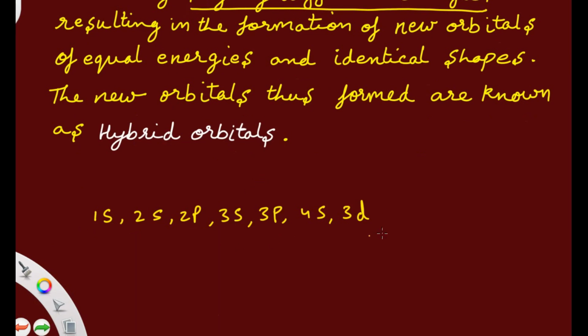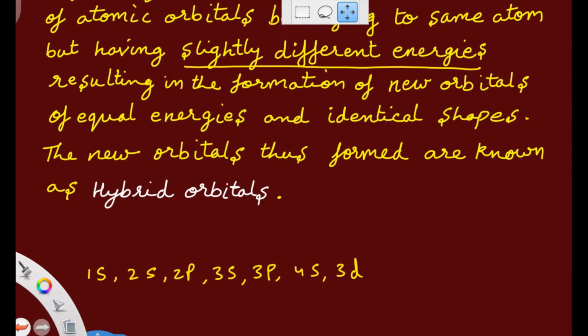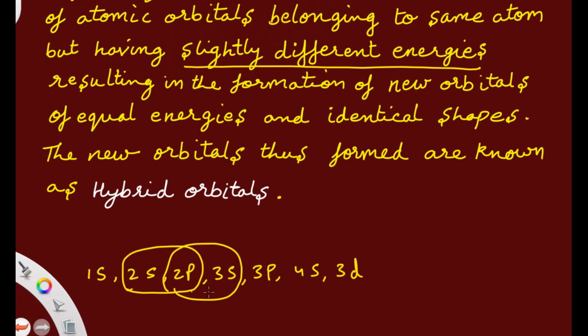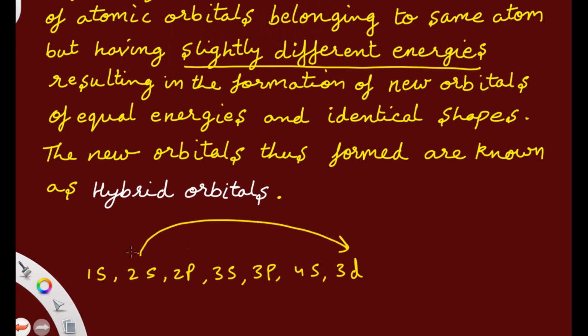Now, slightly different energy means that the intermixing can only take place between those orbitals that have slightly different energies, like 2s 2p, 2p 3s, 3s 3p. But hybridization will not take place between orbitals having a large energy difference like 3d and 2s.